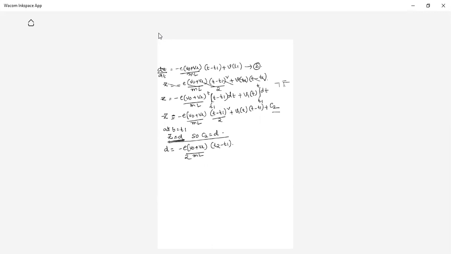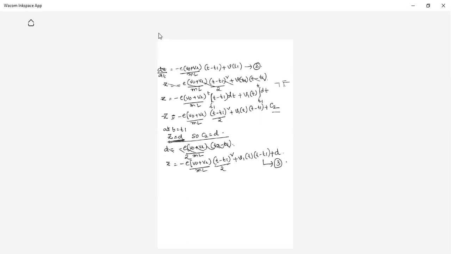This is one expression, so I'll bring that one first. Z is equal to e minus v naught plus vr ml, (t minus t1) square by 2 plus v1 of (t minus t1) plus d. Let us name it as equation number 3.